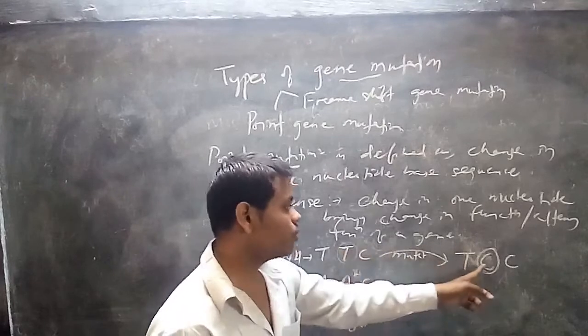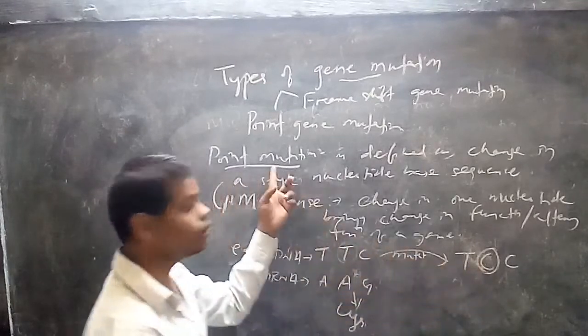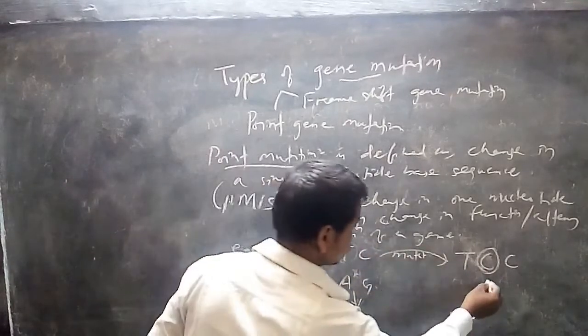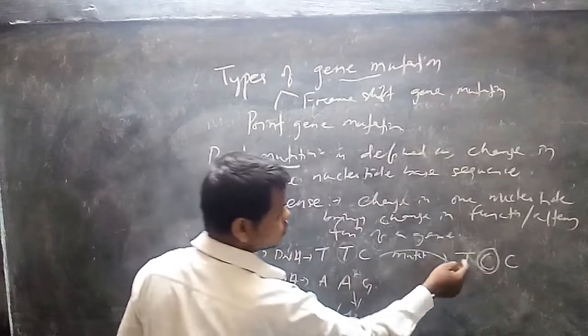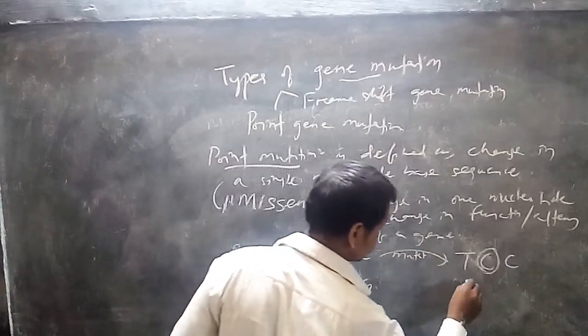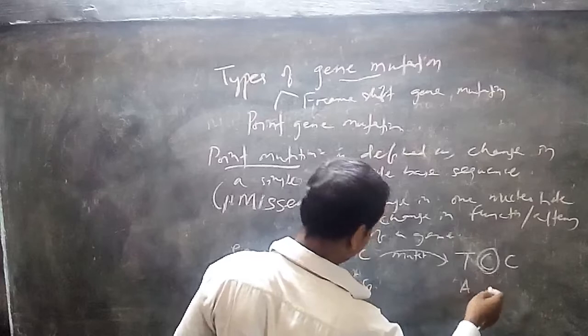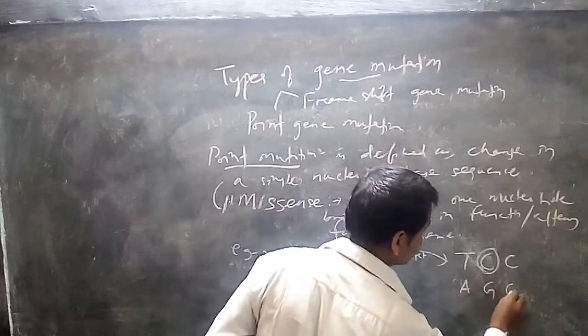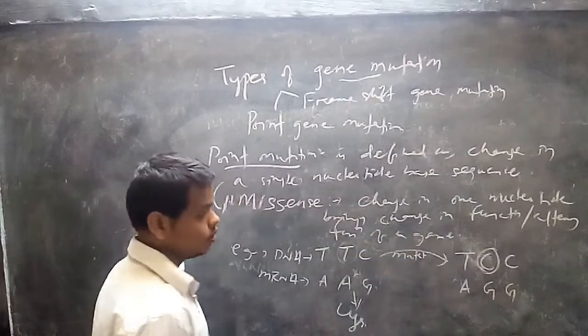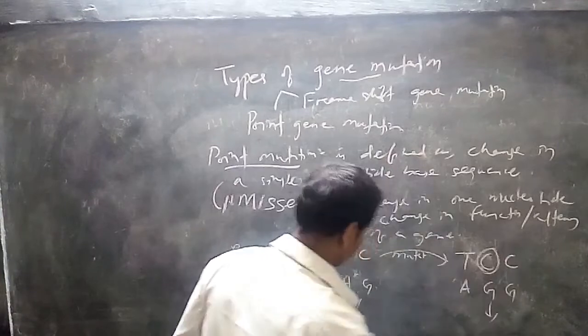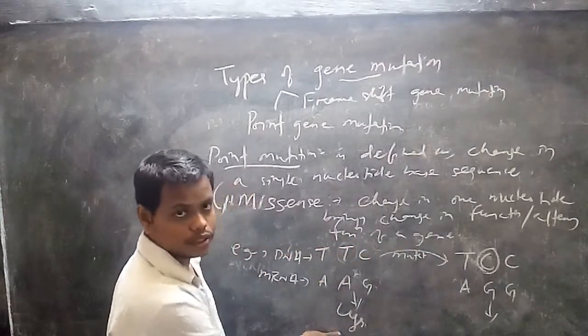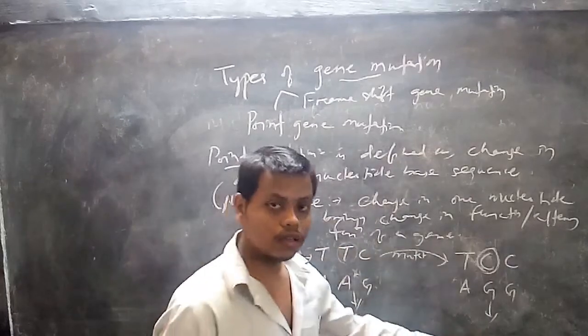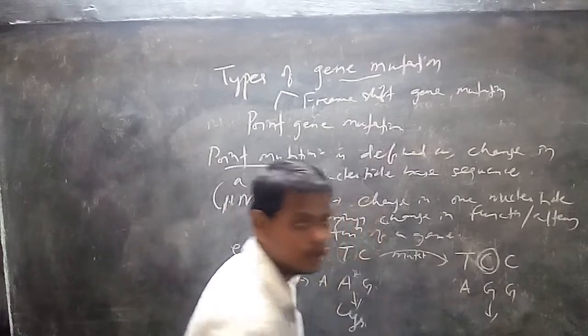So when one nucleotide undergoes mutation, that is called point mutation. When mRNA is synthesized from this mutant DNA, it has the sequence adenine, C for guanine, AGG. This AGG codon does not synthesize the same lysine amino acid. It synthesizes another amino acid.